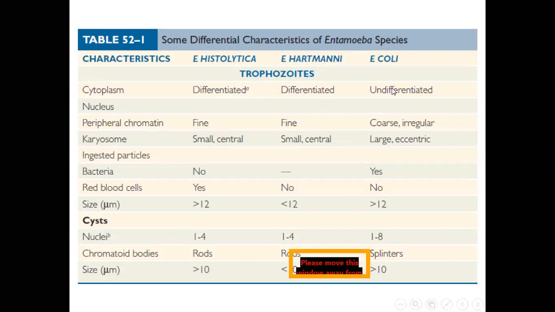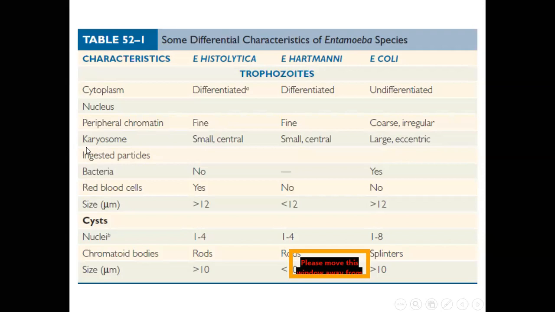Cytoplasm in histolytica is differentiated, يعني تميز الاكتوبلازم من الاندوبلازم. لو ناخذ النيوكليوس هسه، صفات النيوكليوس، peripheral chromatin، نشوف البريفرال كروماتين راح نشوفه بالصورة بعد شوي. Fine in histolytica, coarse and irregular in E. coli. Karyosome small and central in histolytica, large and eccentric in E. coli.